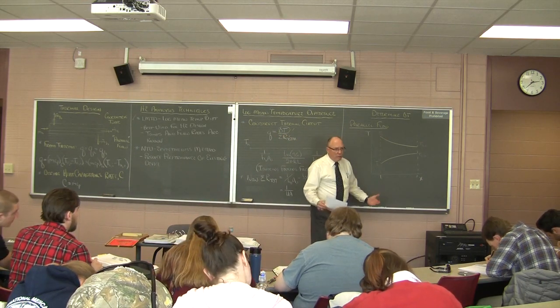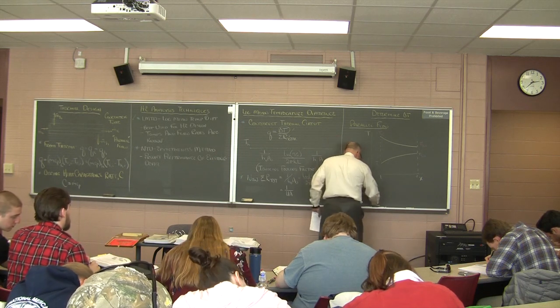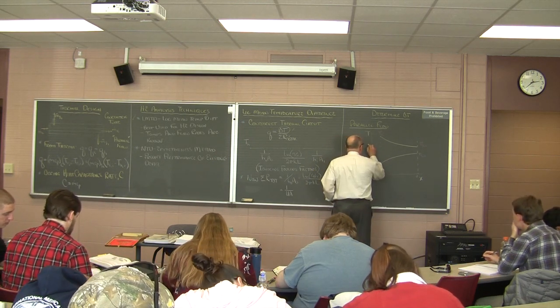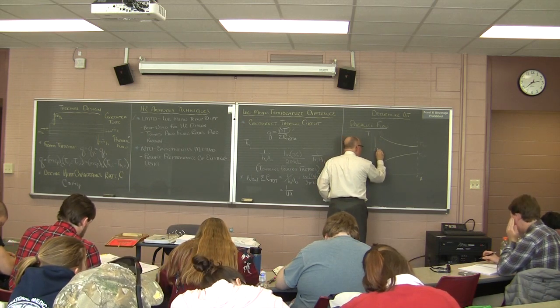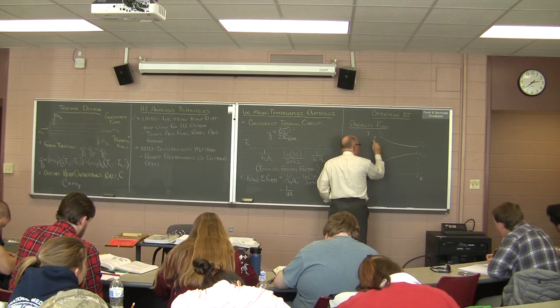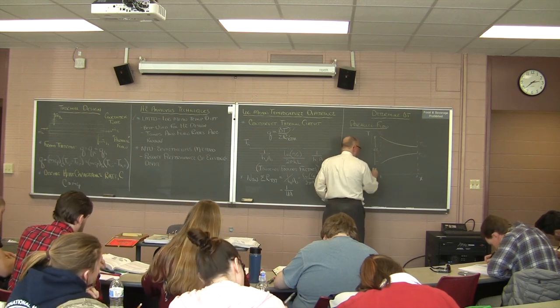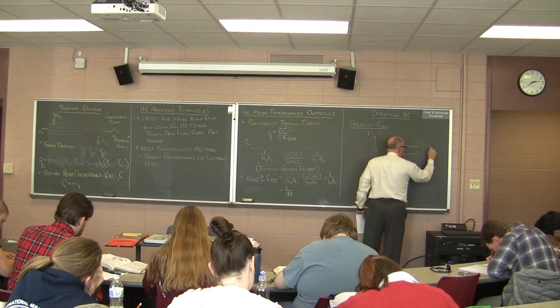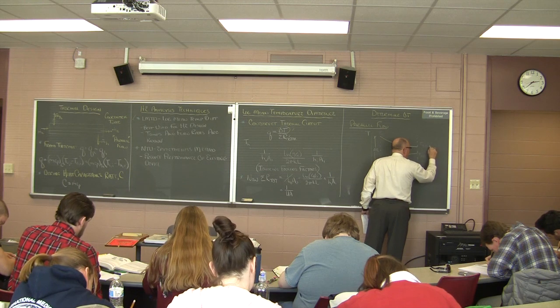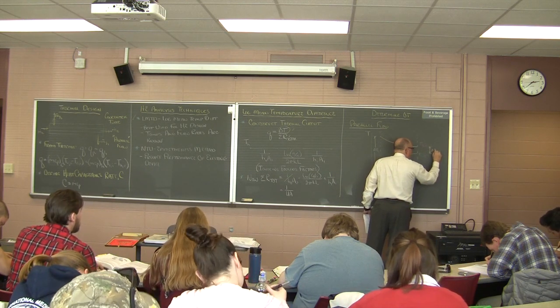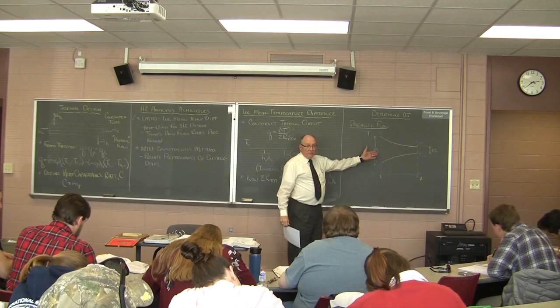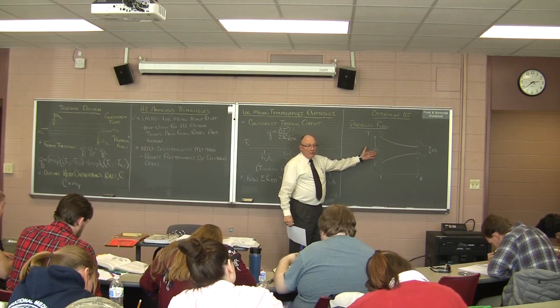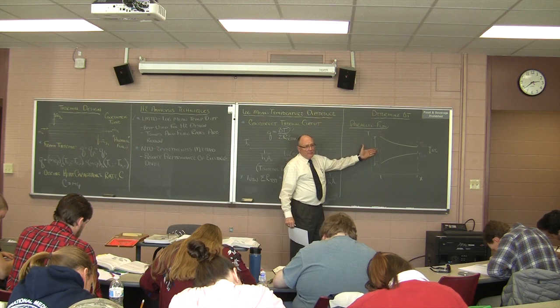But we never do that, of course. There are all sorts of different reasons. This is known as delta T at 1, and this over here is known as the delta T at 2. And the fact of the matter is that there is no linear relationship here.